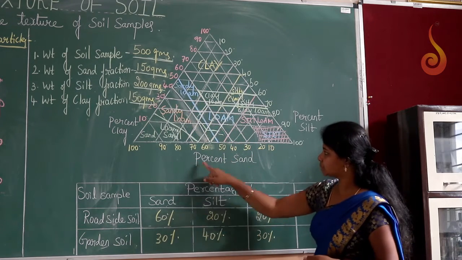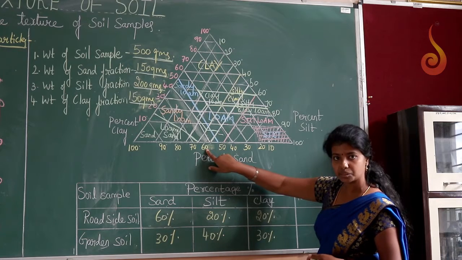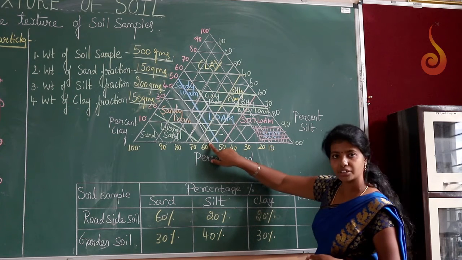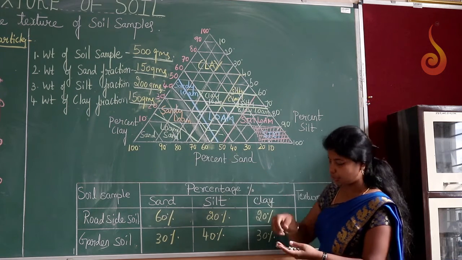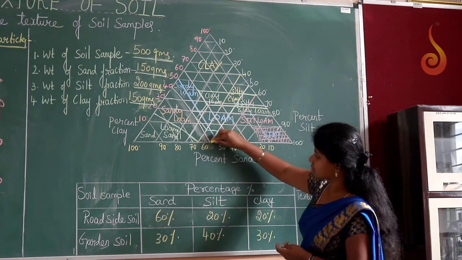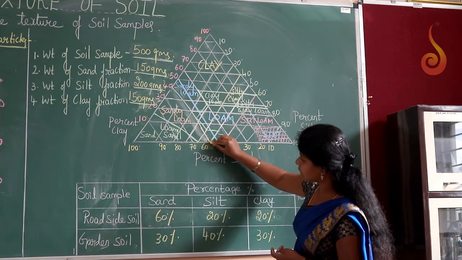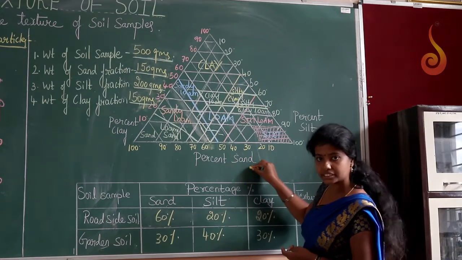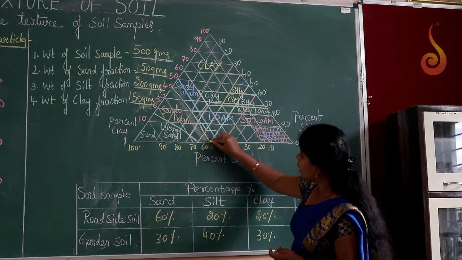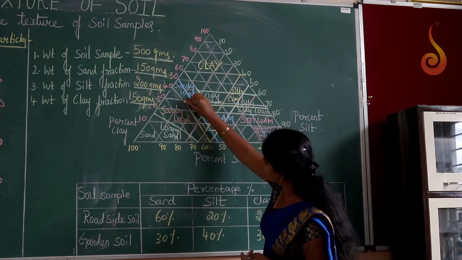Here is the 60% and the line corresponding to this is here. So I will mark it. I am going at 60% on the percent of sand up towards the right side.